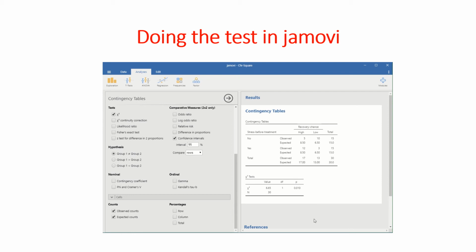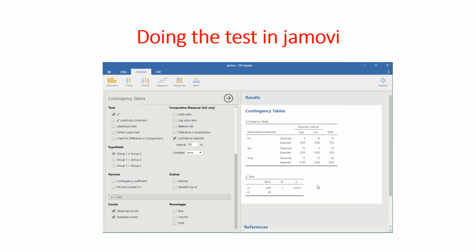You remember I told you if the p-value is below 0.05, then we can reject the null hypothesis. The null hypothesis was stating that there is no relationship between these two variables. So our p-value is rejecting that null hypothesis. So there is a relationship between stress before treatment and recovery chance.